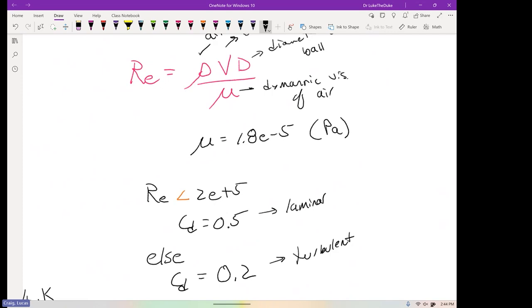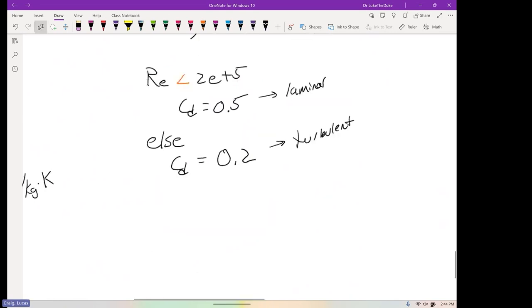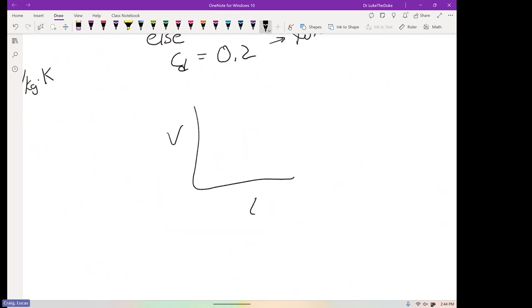So what you need to do is put the givens in your for loop: Reynolds number, CD, delta V or V, time, and then that's your loop. And then plot V. So basically, I want you to plot V versus T. I believe it should do this, right? Increase and level off. And it should increase to the power of 2. That's what the curve is. So solve that numerically for me.